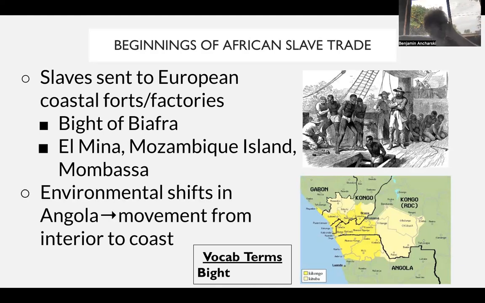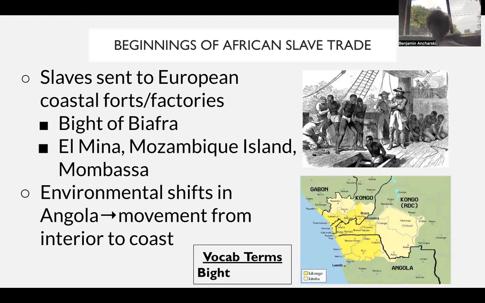But we also do see that other factors will lead to a movement of people towards the coast. So it's not just this slave trade that will bring lots of people from the interior of Africa to the coast, but we also see environmental changes. There's a drought in Angola, for example, and that leads to a lot of new people moving to the coastal areas. And the people in the coastal areas are going to go into conflict with these people from the interior.